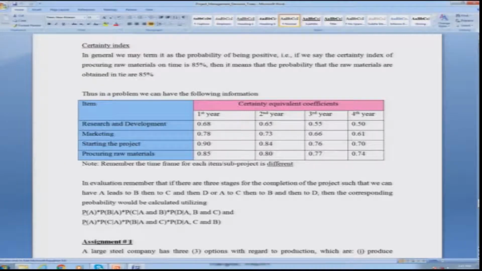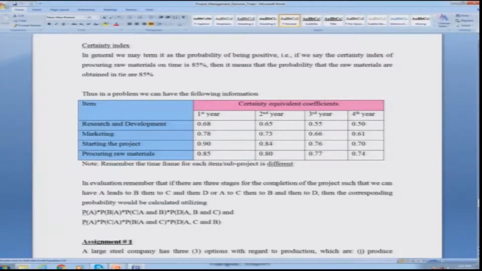Say for example, for research and development, values are given 0.68, or say for example, for starting the project at time t, and for the kth project. Say for example, this is for the third project and I am trying to find out the certainty value of starting the project in the third year, then the value of the alpha would be alpha kt for k equal to third project, t equal to third year, it will be 76% or 0.76. So, you have the values accordingly.